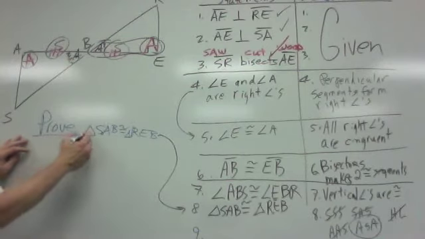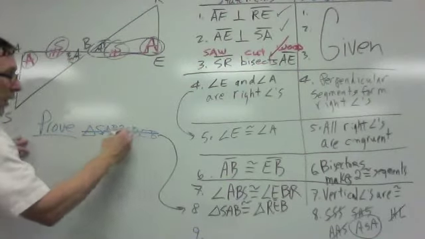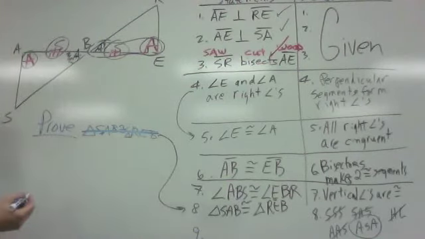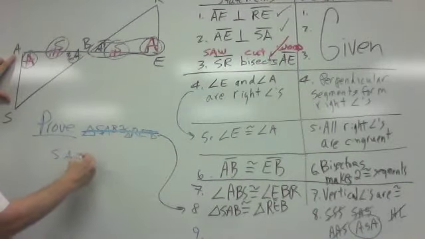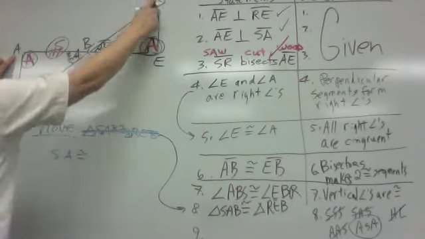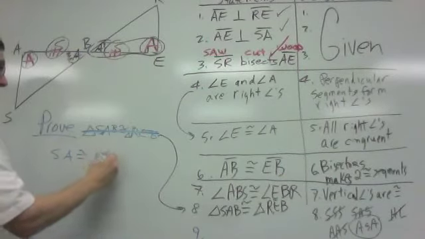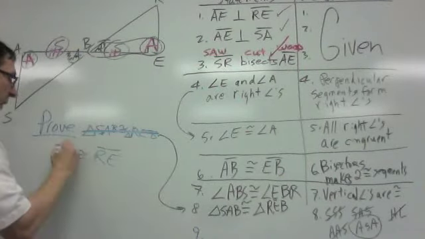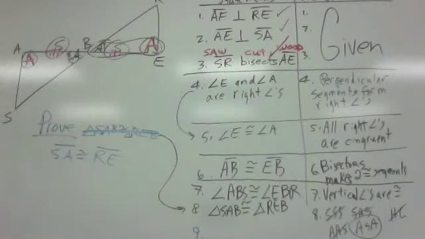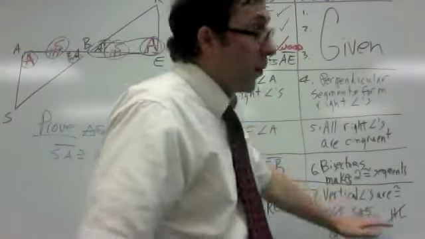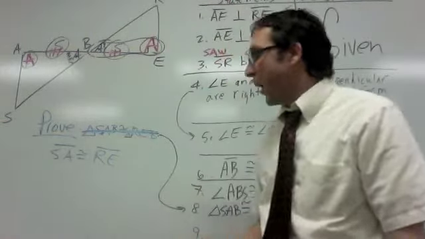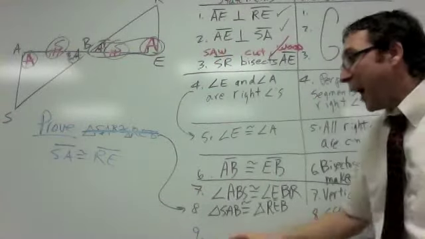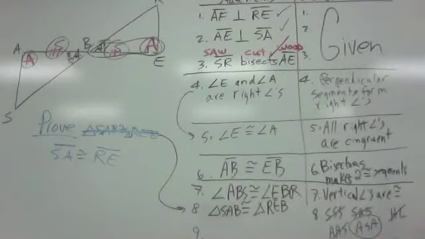Suppose that instead of asking us to prove that the triangles are congruent, suppose they wanted us to prove that SA was identical to RE. The only thing that would change in the proof, you would run through the entire thing just like this, just as we have here, proving that the triangles are congruent, and then you just add on one more step to your proof.